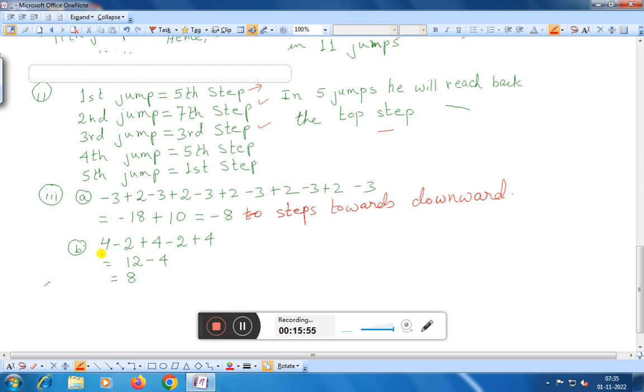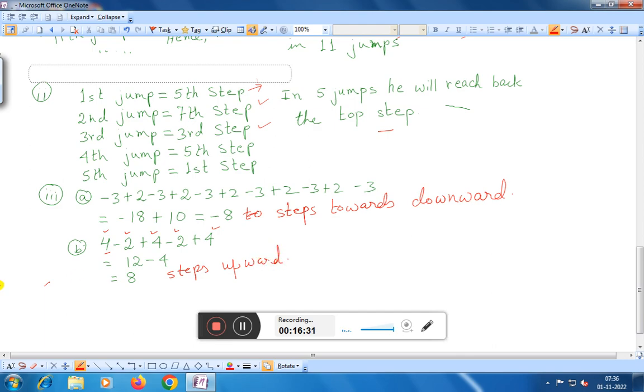Therefore the first one he goes 4, plus, and 2 is minus, that is 4 minus 2 plus 4 minus 2 plus 4, because there are 5 jumps, 1, 2, 3, 4 and 5. 4 plus 4 plus 4 is 12, and minus 2 minus 2 is minus 4, 12 minus 4 is 8, therefore 8 means plus, right? Therefore plus 8 means 8 steps upward.